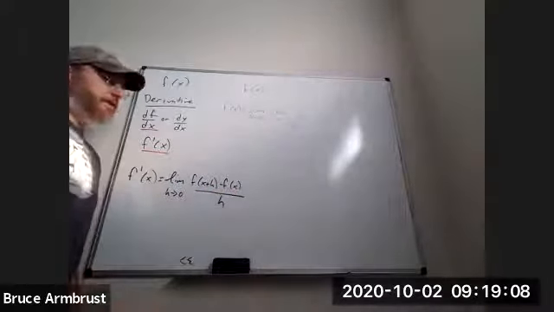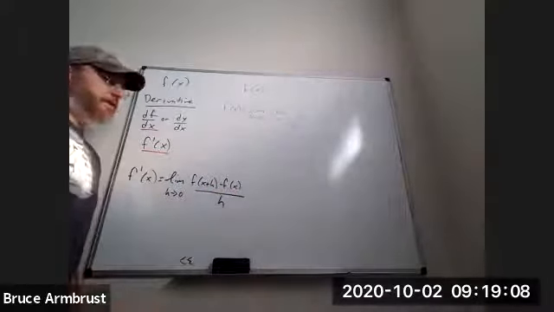So we get the limit as h goes to 0 of x minus x plus h all over h times x times x plus h. We can subtract up top and we end up with a negative h over h times x times x plus h. The h's cancel.